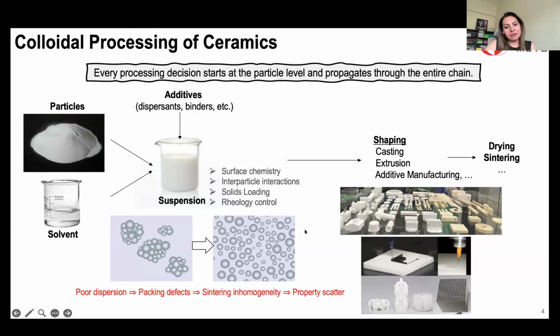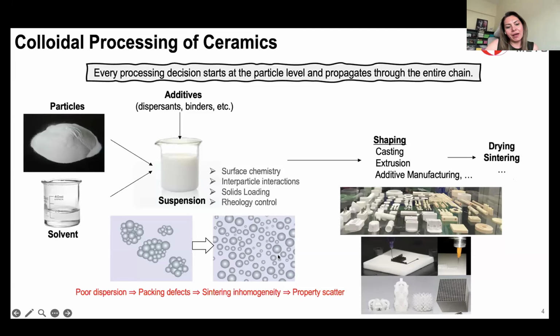And here, that homogeneous dispersion is directly related to surface chemistry and interparticle interactions, and we need to optimize the rheology, and it is a function of solid loading. Solid loading affects all the others.